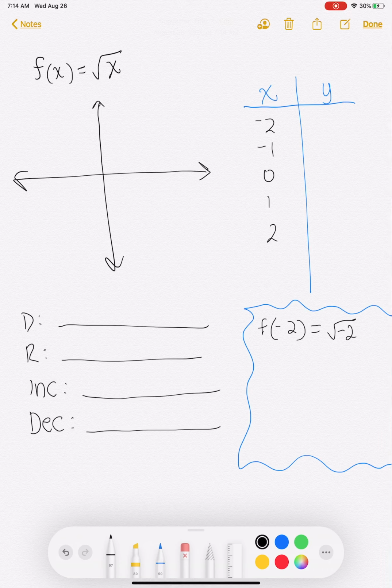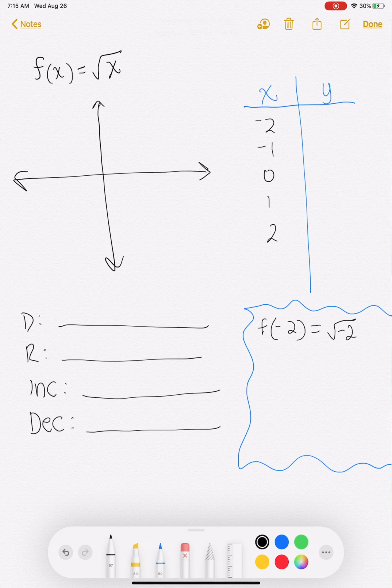First off, we know that 2 doesn't have a perfect square root. Square root of 4 is 2, but we don't know the square root of 2. Well, I mean, we could put it in our calculator, but it's not going to be a nice number. So first off, that might not be the best number to choose.